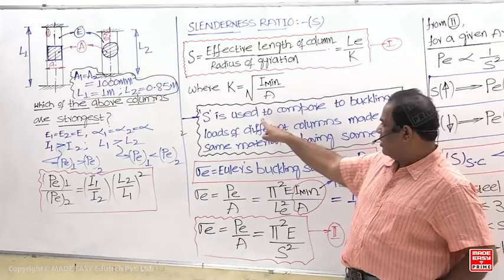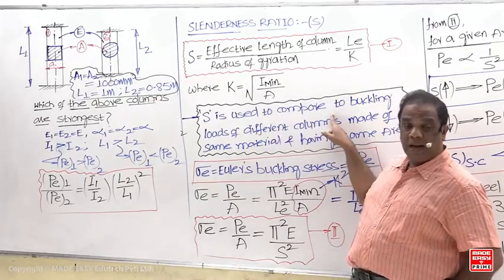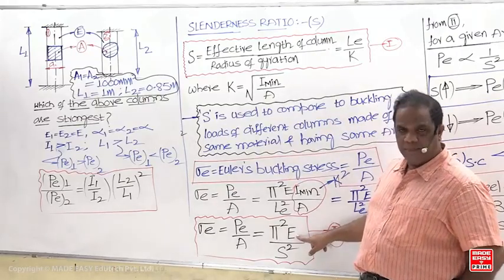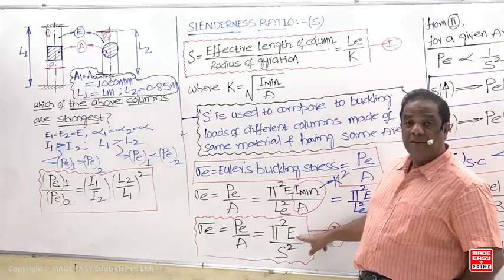This is used to compare buckling load of different columns made of same material and having same area.